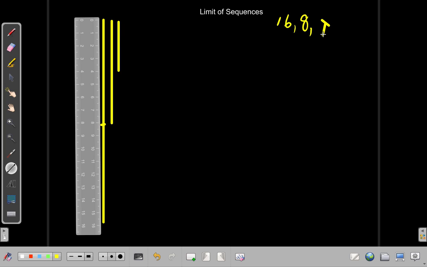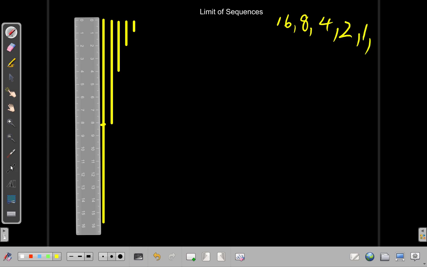So now you have a piece of board 4 centimeters long. And you cut this board in half again. So it is now 2 centimeters. That 2, you cut it in half again, so you have 1 centimeter.